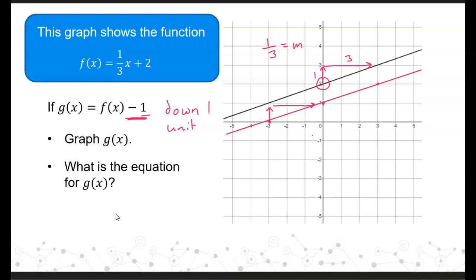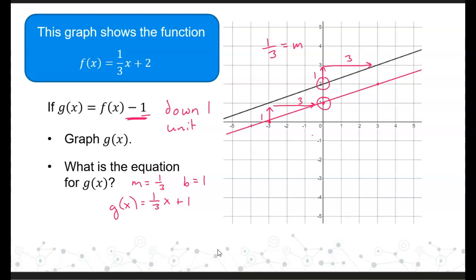We have a couple ways we could find this. First of all, we could just look at this graph and say, well, it has a slope of 1/3, and it has a y-intercept of 1. So we know we could write g of x equals 1/3 x plus 1. That's our slope-intercept form.